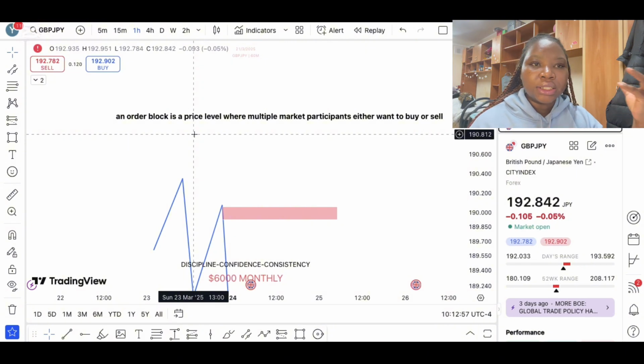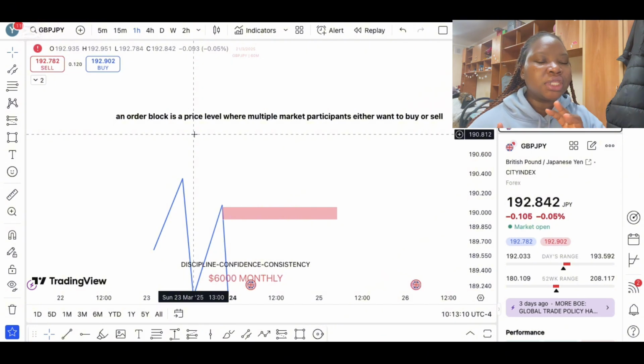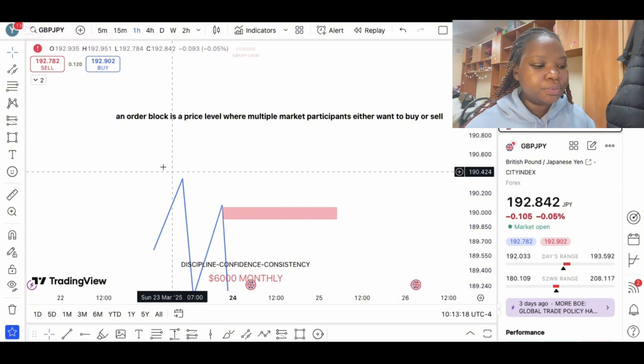This is basically what I call my point of interest. I'm trading GBP JPY, so I use order blocks as my point of interest on the 1 hour time frame. That does not mean that the order block is the only thing that I'm looking out for. I am looking out for other things that we are going to talk about in this video.